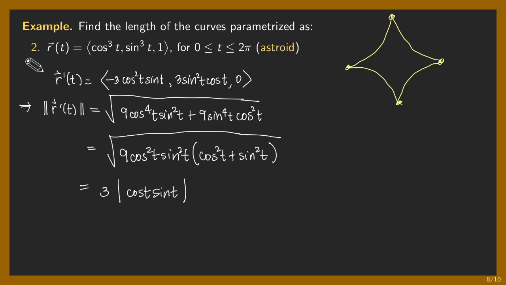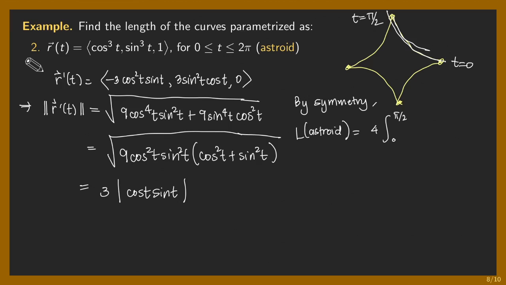So by symmetry, we could just take one arc of the asteroid, from 0 to pi over 2, and then just multiply by 4. It's 4 times the integral from 0 to pi over 2 of 3 times absolute value of cosine t sine t dt.